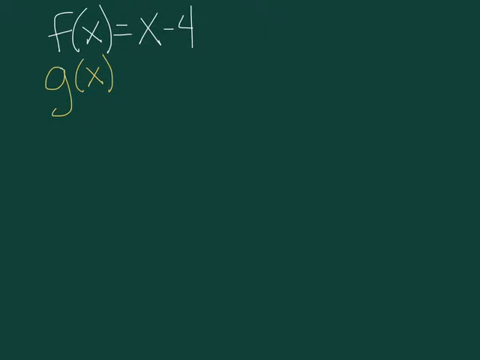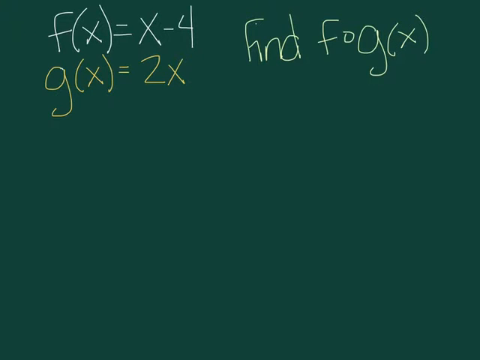Let's say that we have f of x equals x minus 4, and let's do a different color, g of x equals 2x, and we are asked to find f of g of x.